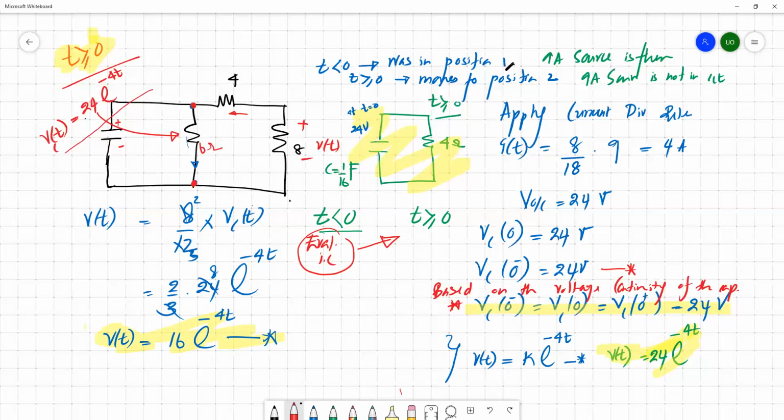So we basically analyze the circuit for t less than 0 to get the information about the initial conditions. Otherwise, there is no point in evaluating the circuit for t less than 0. We are interested in t greater than or equal to 0, what happens in the future. To evaluate the future response, we need the information about the past. To get this information, we evaluate the circuit for t less than 0.